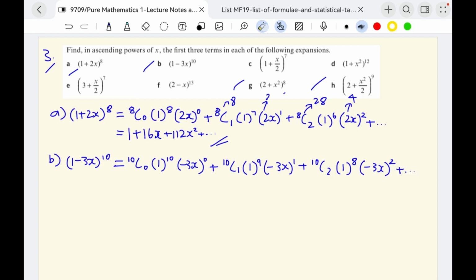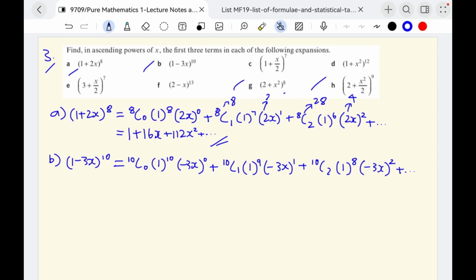In external examinations, this type of question you will meet the most. So it's better for you to put the 3 dots when the question asks you to find the first 3 terms, or the first few terms that the question demands. This is best to illustrate that these expansions are just part of the terms.